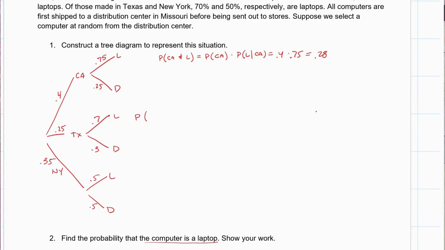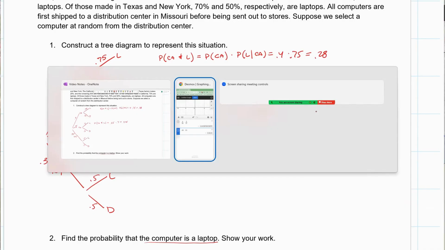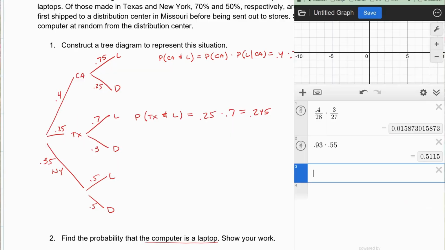Probability of being from Texas and being a laptop, that's 0.25 times 0.7, which ends up being 0.245. That number doesn't look quite right. Let me double check that. 0.25 times 0.7.